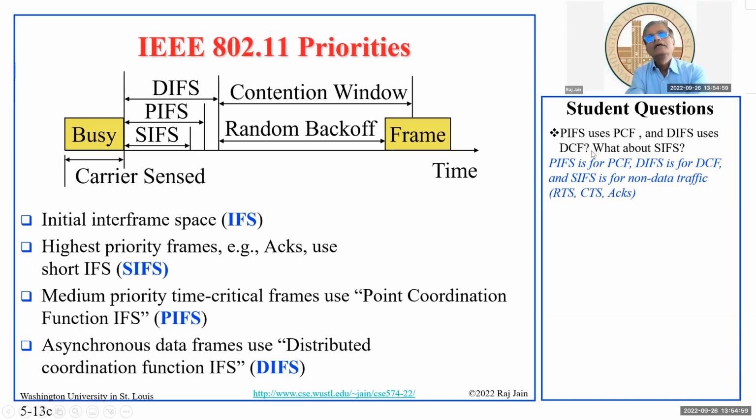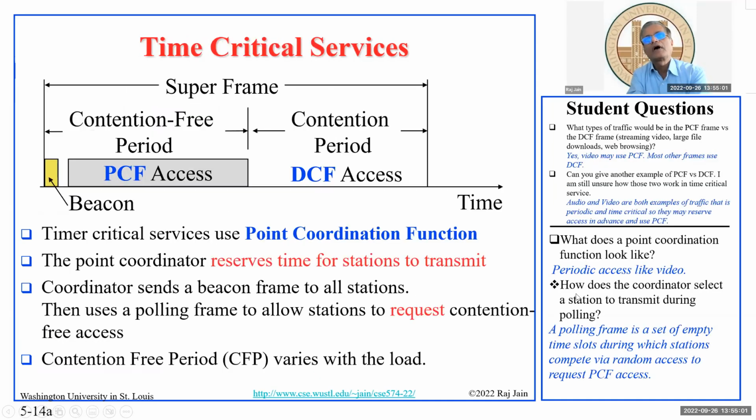Okay. All right. Next, how does the coordinator select a station to transmit during polling? So here is the thing. I changed these 2 sentences just to clarify. Now it says the point coordinator reserves the time for stations to transmit.